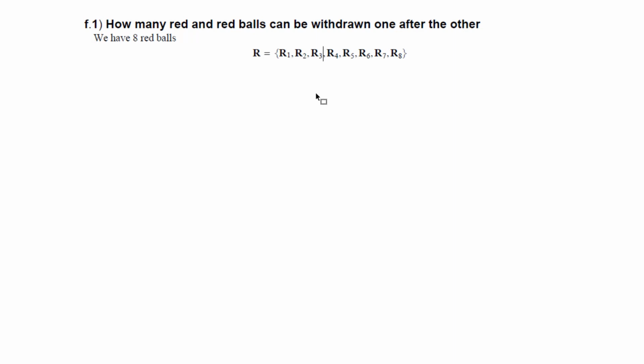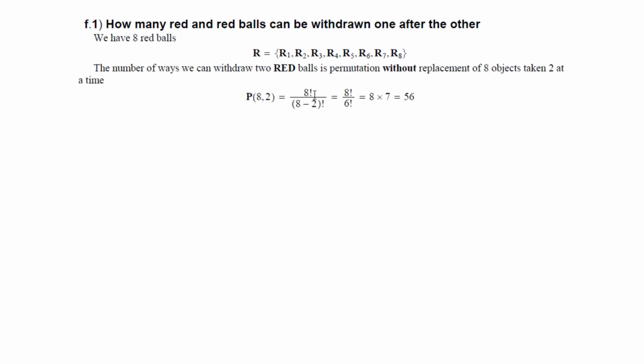Because order is important. So we can use a permutation formula, and since we are not replacing the object after we withdraw it, we are going to use the permutation formula without replacement. And this is going to be equal to 56. So we have 56 possible outcomes of withdrawing red and red together, one after the other.